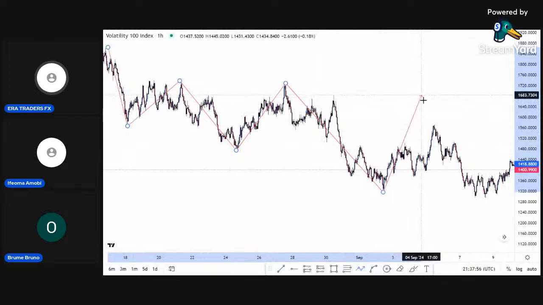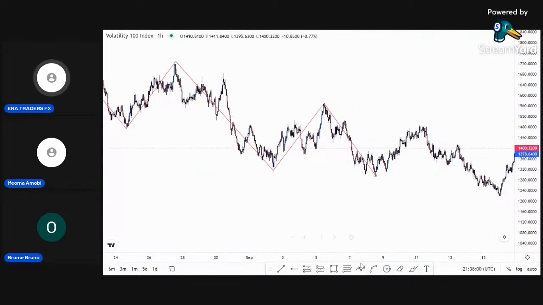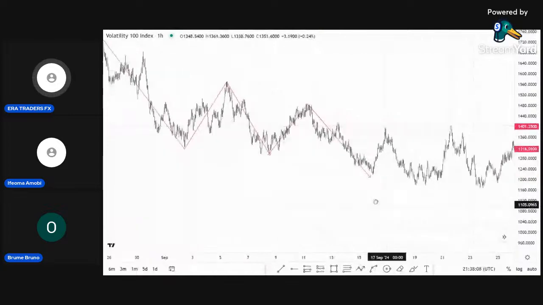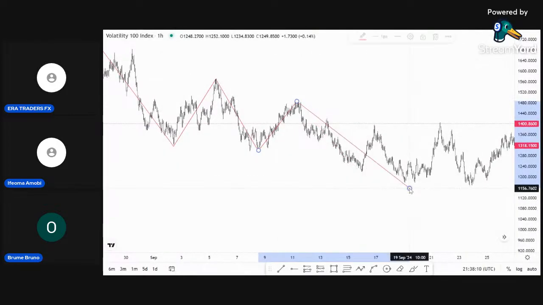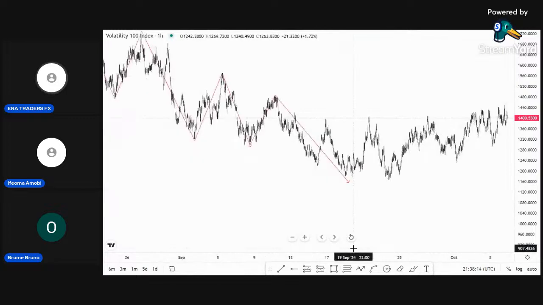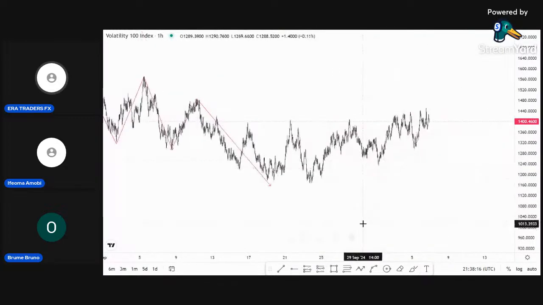This is how you know where the market is going. Since the market is printing a series of lower lows and lower highs, we already know where the trend is. We know that we are selling. So what do you want to do until the market changes trend, like breaks a previous high?